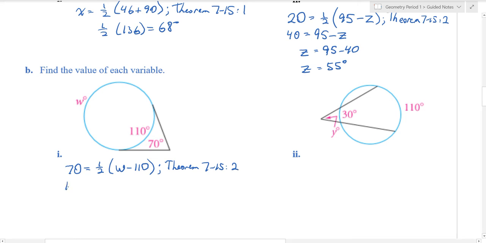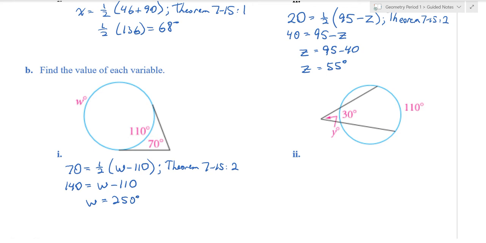So we get 140 here, and the 1/2 disappears, leaving me just with the W minus 110, which then if we add 110 to both sides, we end up having W equals 250 degrees. All right? Hopefully that's exactly what you got.